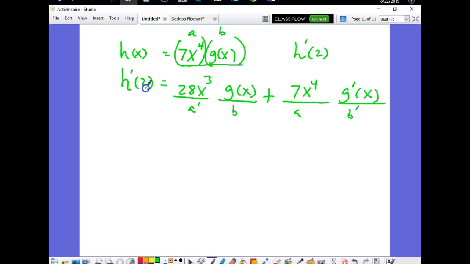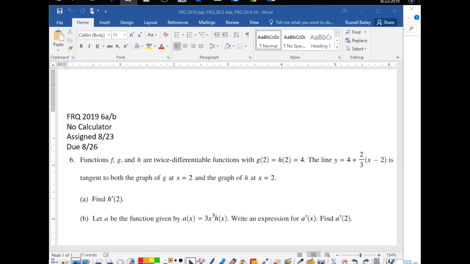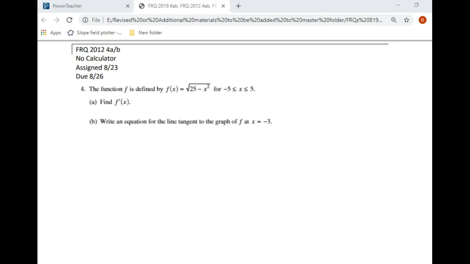And since we're plugging in 2, what we're going to do is go through and replace all those x's with 2's. And from there, we should be able to answer the question just fine. Okay, so that's how you guys are going to hit up this FRQ. All right? That being said, I'll leave the rest to you on that one, and we'll look at the next one.